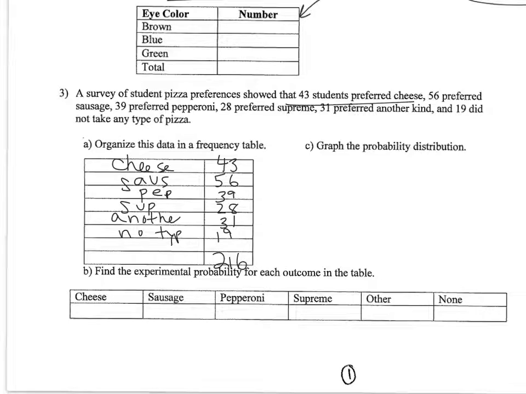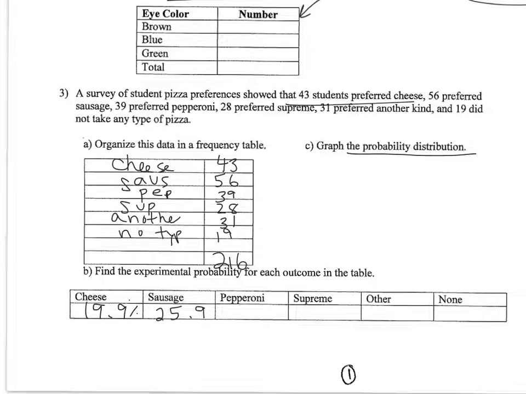So graph the probability distribution. So this is when you're asking, okay, what's the probability that a student picked cheese? So the probability is 43 out of 216. So 43 divided by 216 is 19.9%. So first I'm going to fill in these percents down here. Sausage is 56 divided by 216, 25.9%.